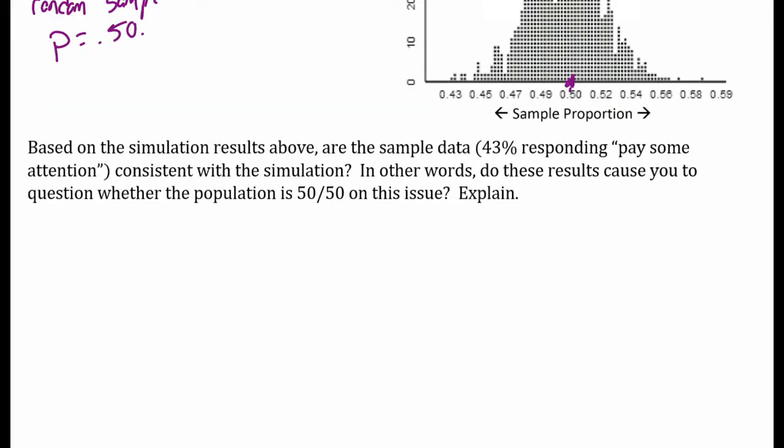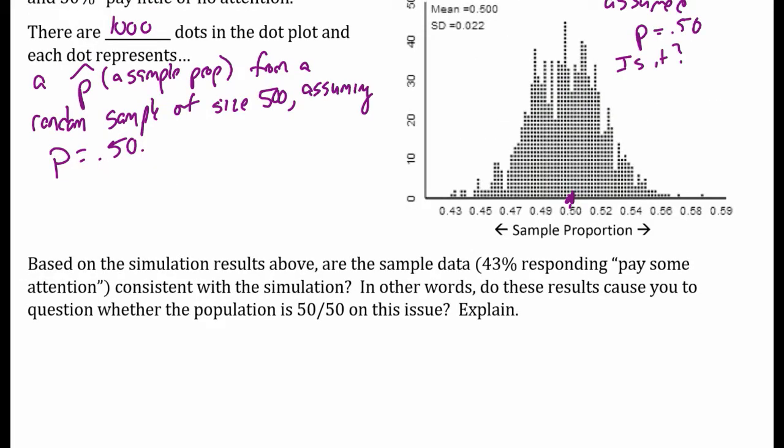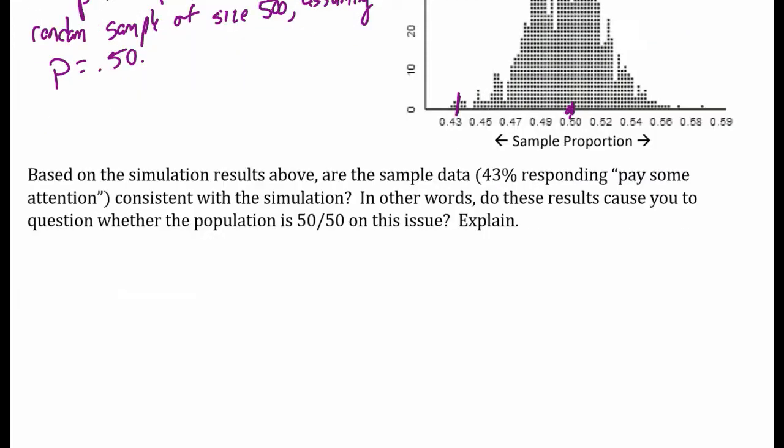So, based on the simulation results above, are the sample data, our p-hat of 43%, consistent with the simulation? So, let's find our 43%. Let's say it's there for the sake of this example. For the sake of this example, let's say that's our cutoff for 43%. Well, what's the probability that our p-hat is less than or equal to 0.43?